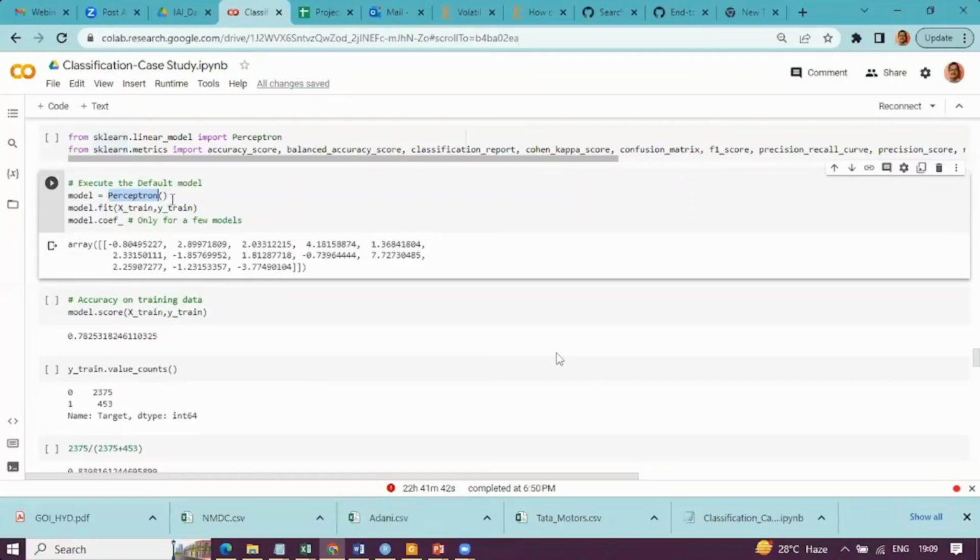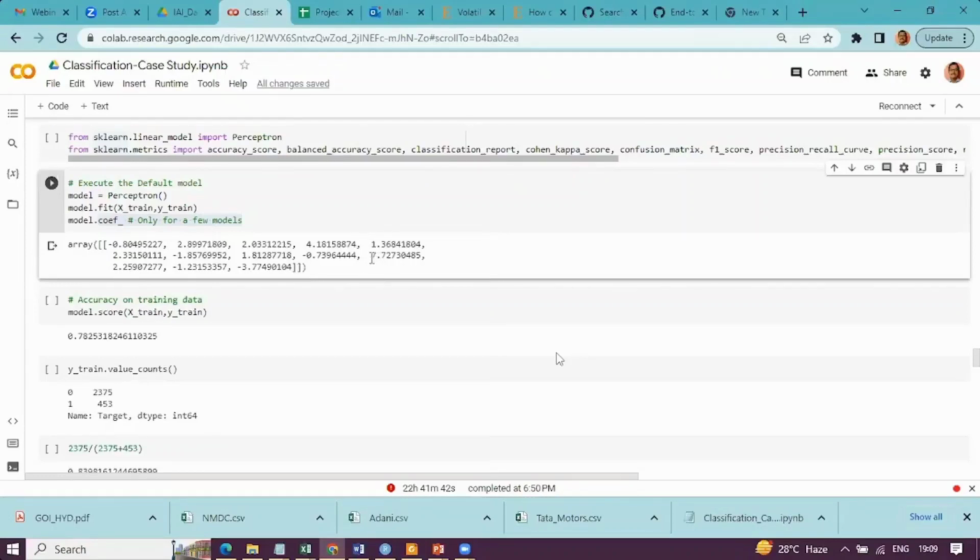We initialized the basic perceptron, then fit that model on the training data. In some cases, you can look at the coefficients. Wherever you are looking at the coefficients, you can talk about the most important variable and the least important variable.